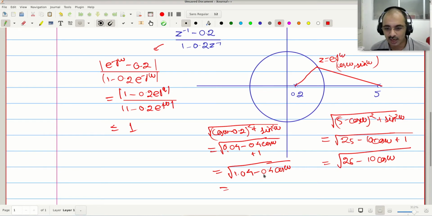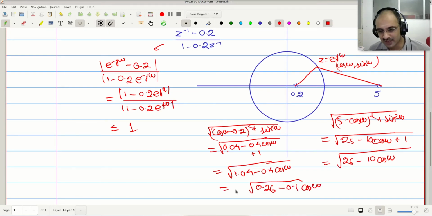I think 26 fours are 104. So if I want to get 26 inside, then I need to divide by 4 and multiply by 100. So I need to divide by 4. Let me do that. We divide by and multiply by 4. So I'm going to get 0.26 minus 0.1 cos omega.